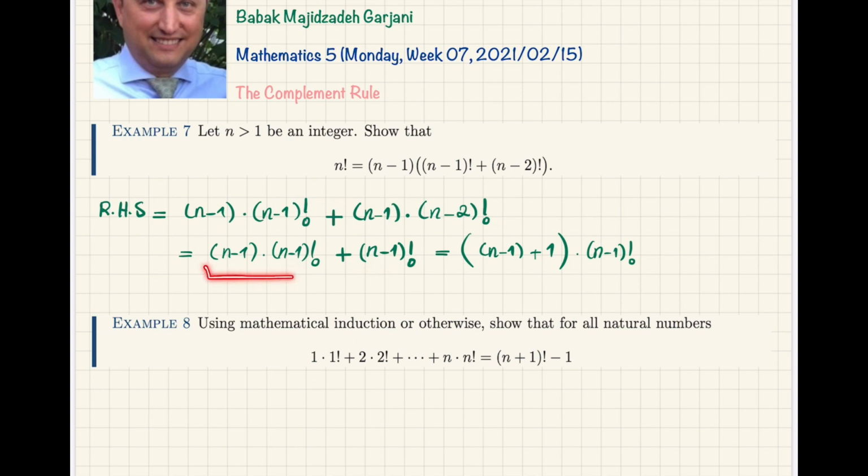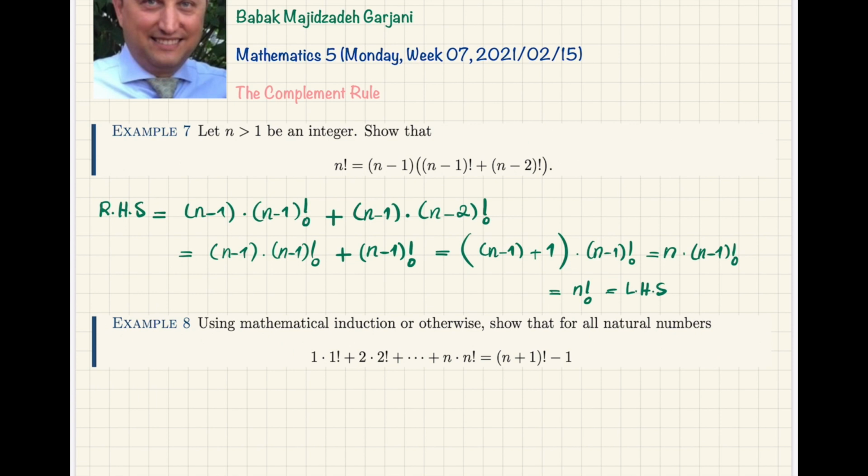From this term only this one is left, and when I pull this one out there is a 1 left there. But there is a better name for what is inside the brackets, because 1 and minus 1 are gone, and it is just n. Then it is multiplied by n minus 1 factorial, and you can immediately see that this is also n factorial. And that is exactly equal to the left-hand side.